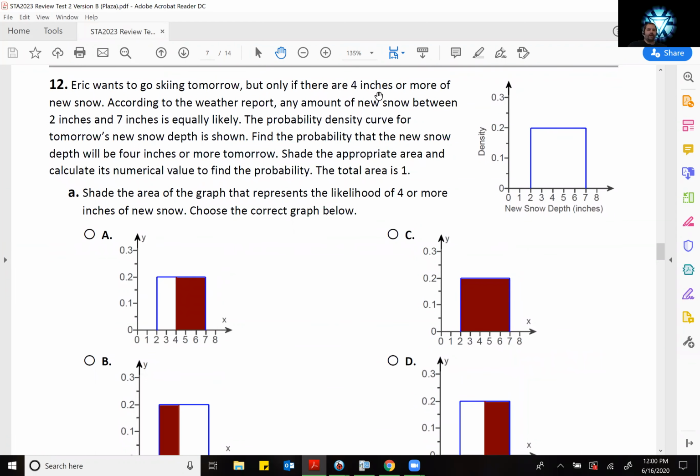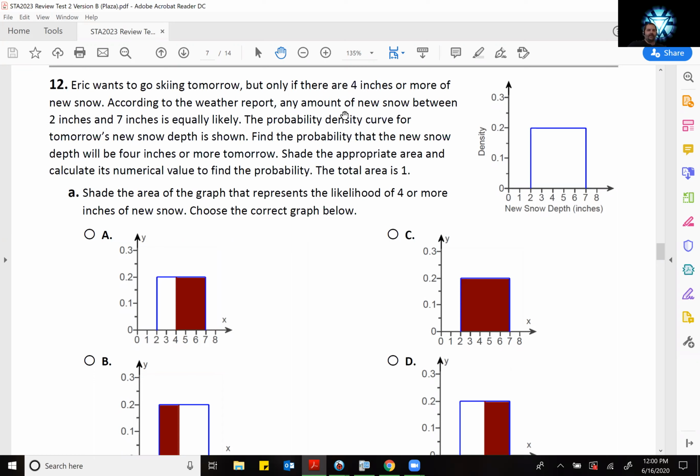So Eric's only going to go skiing if there's 4 or more inches of new snow. So this is continuous. And remember, continuous is about the area under the curve. Keep that in mind. According to the weather report, any amount of new snow between 2 inches and 7 inches is equally likely.